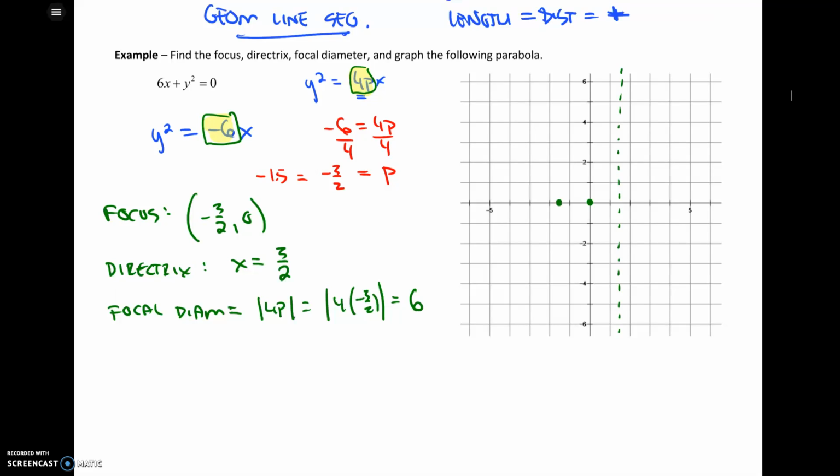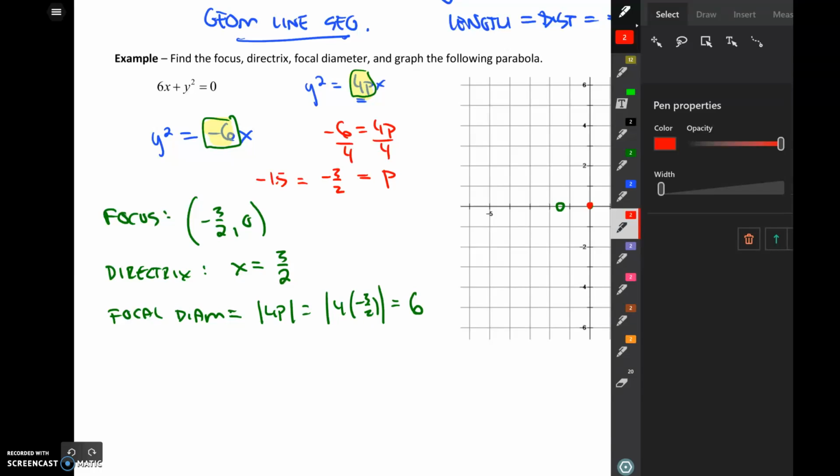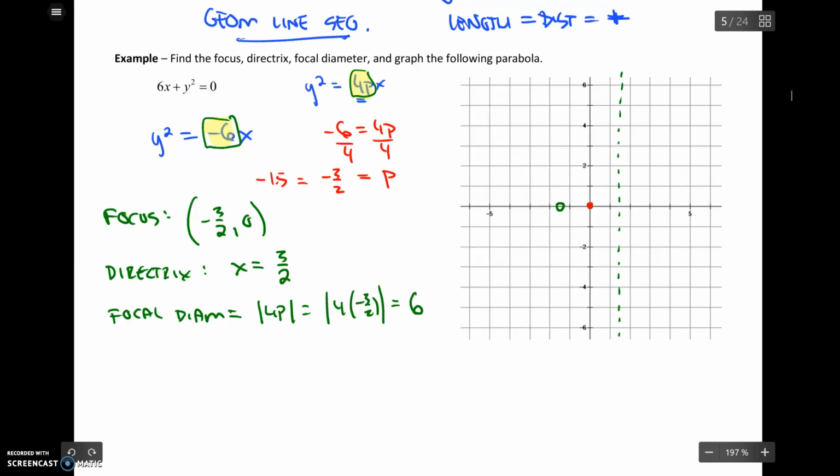So that value helps us graph. The focal diameter is not part of the parabola, so let's not make it solid. So what this 6 does is it tells us the width of the parabola at the focal point. So it's going to be 6 across. So half of 6 is 3. So 3 of it's going to be on the top, 3 of it's going to be on the bottom.